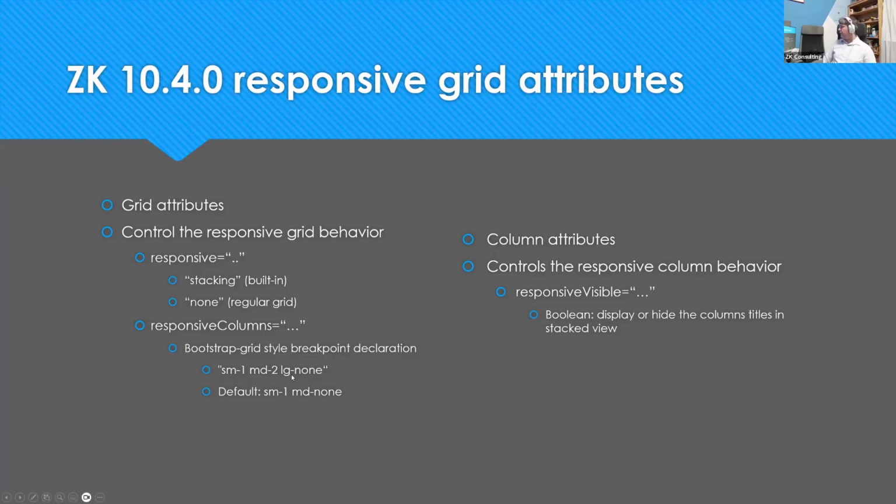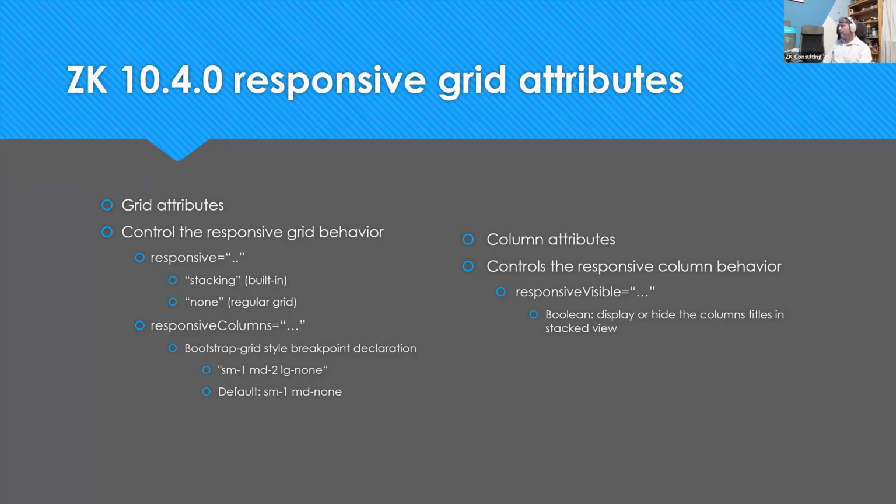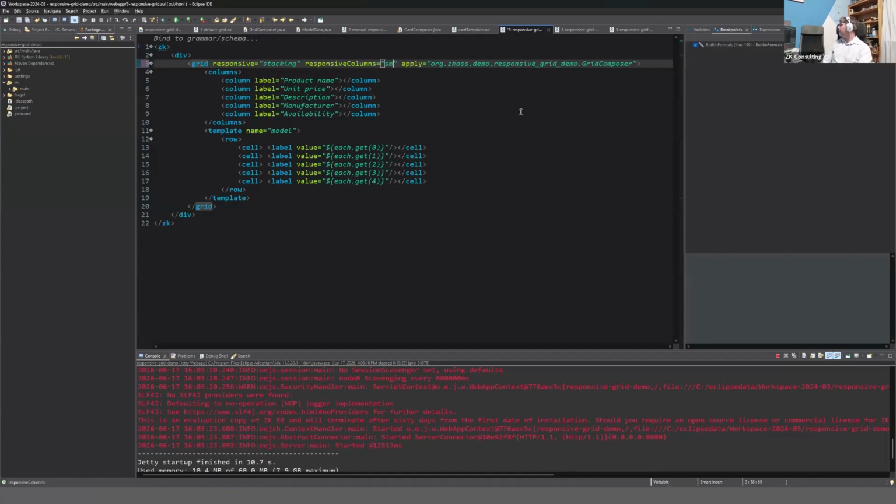But let's give you a quick example and put small 1, medium 2, and large none. If we go to our responsive grid here, I'm going to add the responsive columns attribute. We're going to have small -1, medium -2, and large none.